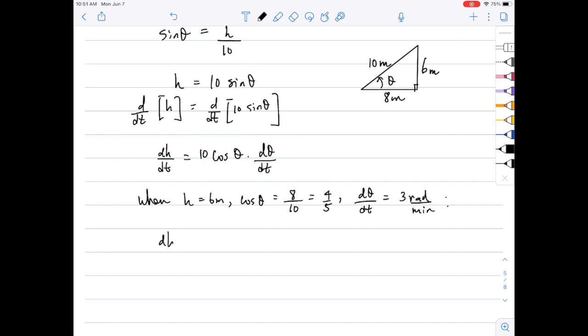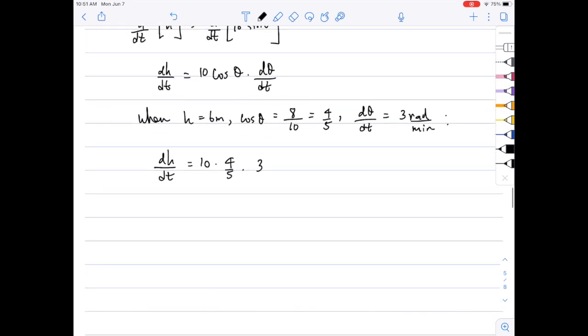We get dh by dt is equal to 10 times the cosine of theta, which is 4/5 when h is 6 meters, and then multiplied by d theta by dt, which is constant, it's just 3. If we simplify, 5 goes into 10 twice, and then we get 4 times 2 times 3. That's going to be 24.